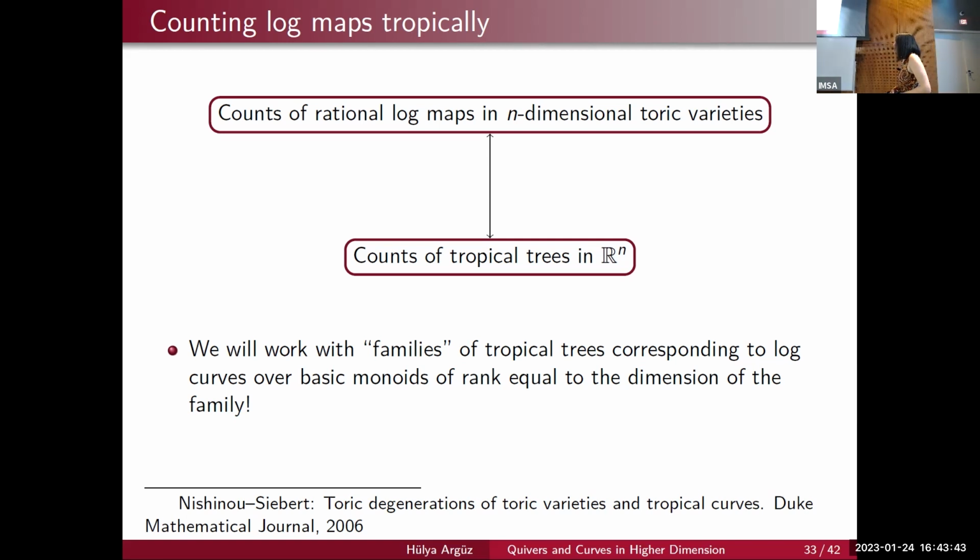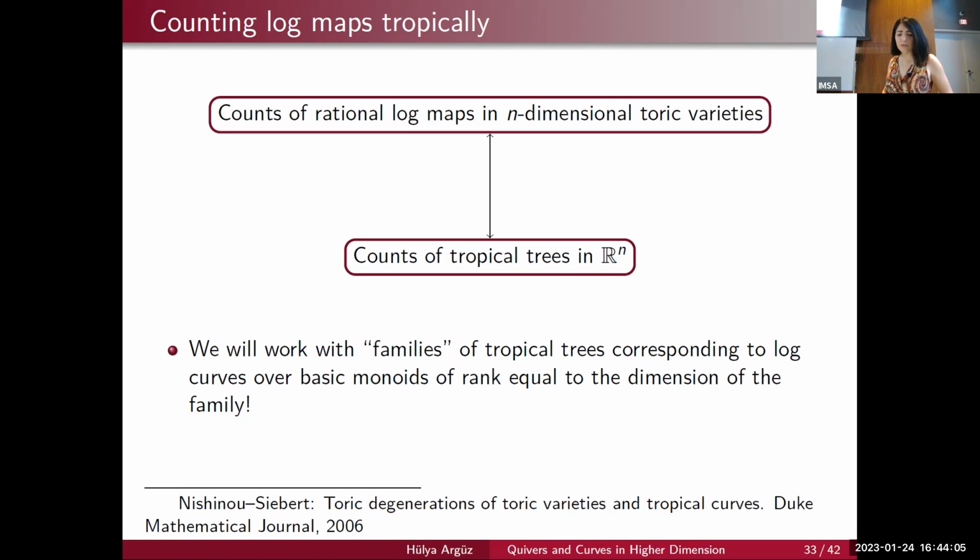And our work that I will tell in the last few minutes will be based on this idea, but unlike in Nishinou and Siebert, we will not work with single tropical curves. We will need to consider families of tropical curves. So there will be a significant generalization if you want to obtain a correspondence between families of tropical curves and some log maps.